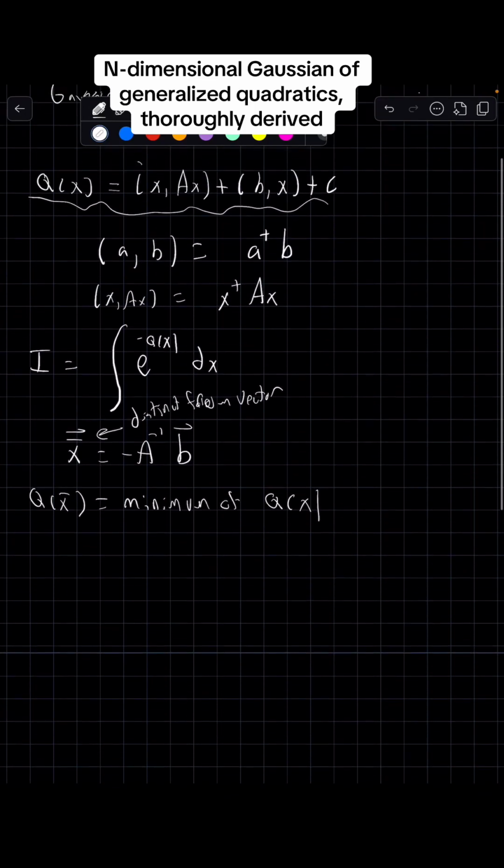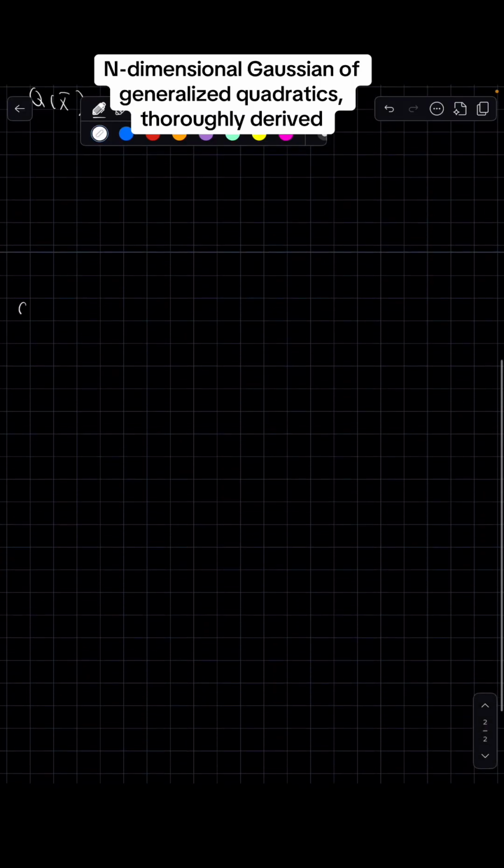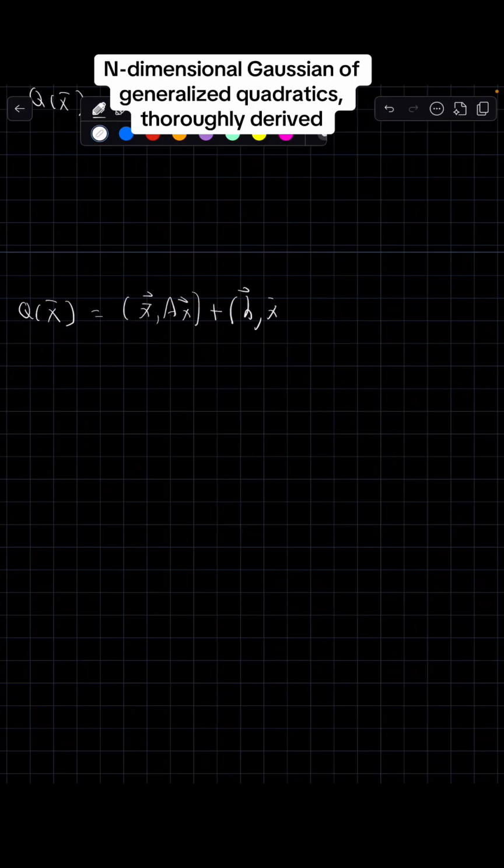Now let's plug in and see what q of x bar is equal to. So q of x bar equals x bar A x bar plus b x bar plus c. I'm going to drop the vector signs for convention. C will denote constants.